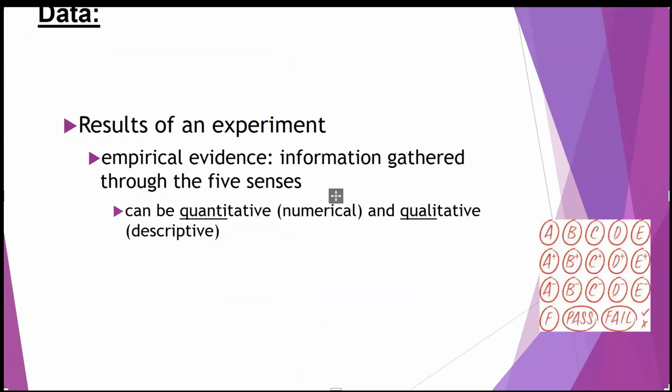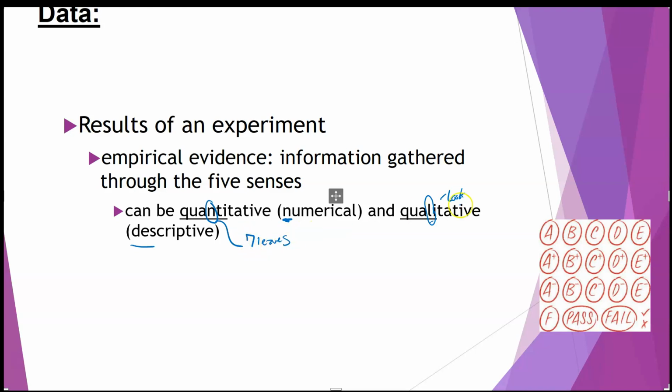So with our data, at the end of an experiment, we are going to get data. Data can either be quantitative, so look at that fourth letter, N stands for numerical, or it can be qualitative. Think of L as looks, I always thought of L as looks, something that's descriptive. For example, quantitative data would be something like the plant made 7 new leaves.